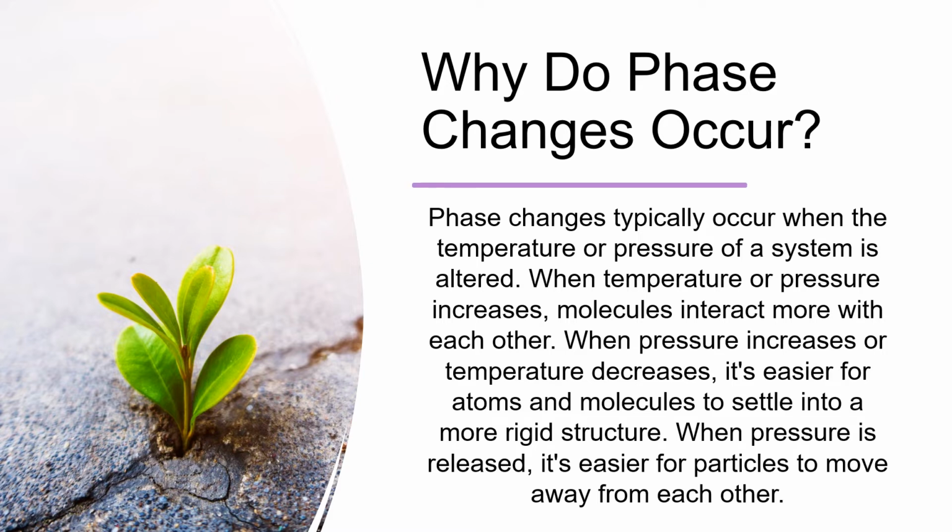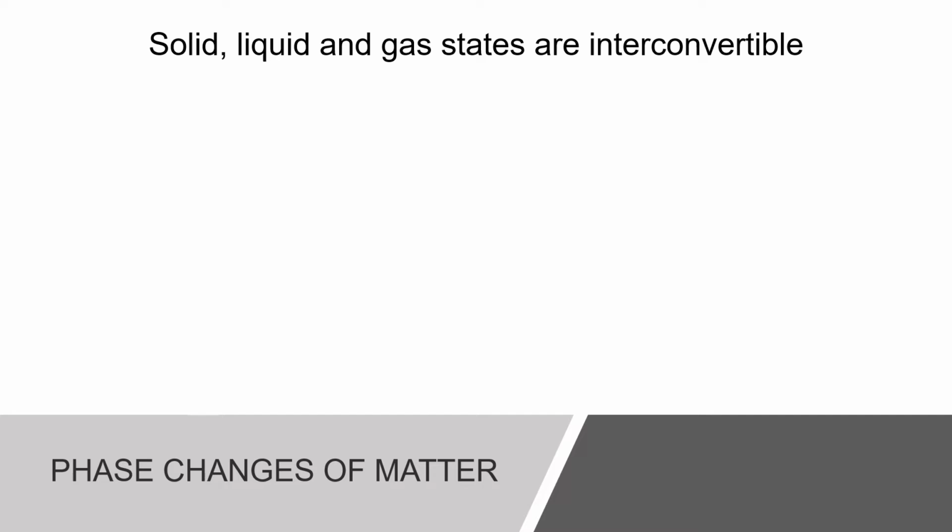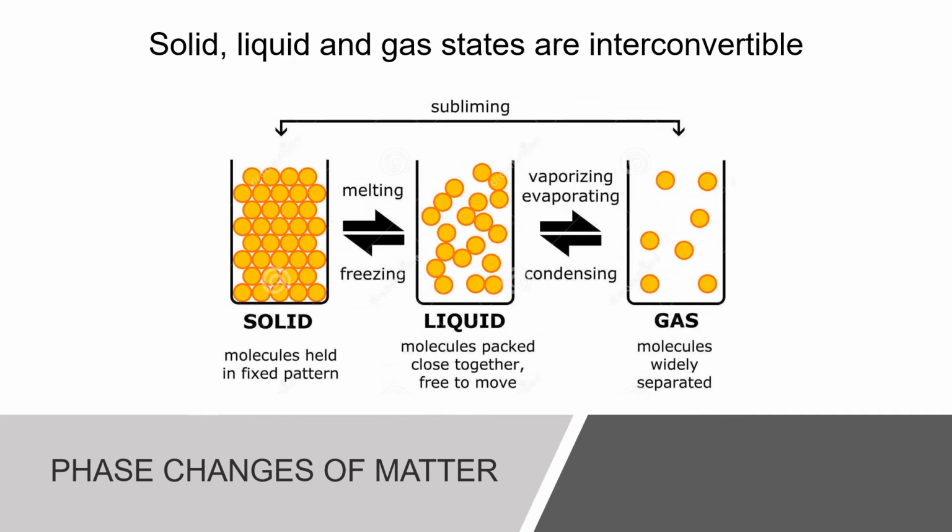When pressure is released, it's easier for particles to move away from each other. Solid, liquid, and gas states are interconvertible. They may undergo melting or freezing process, vaporization, condensation, and sublimation.